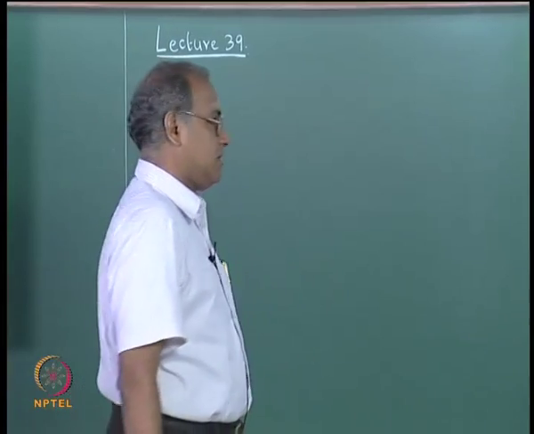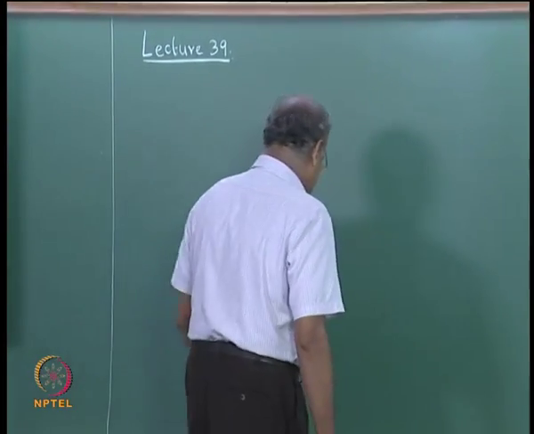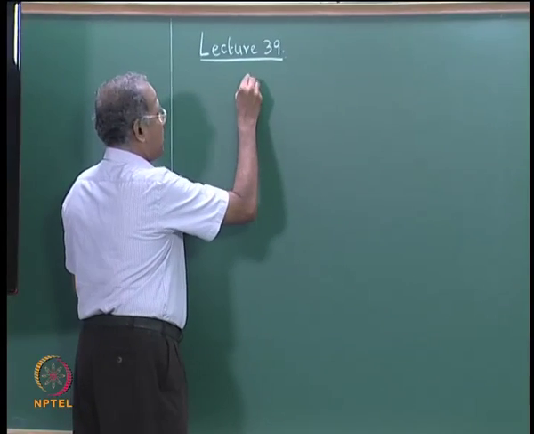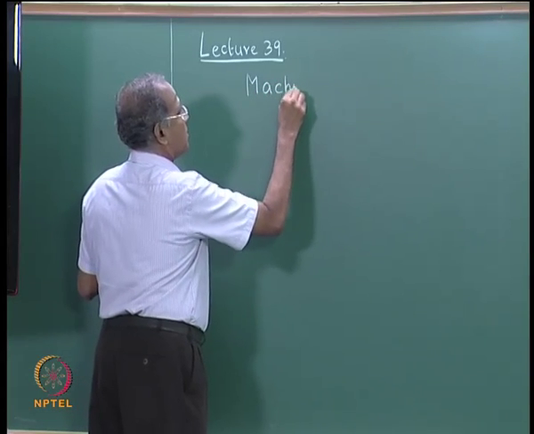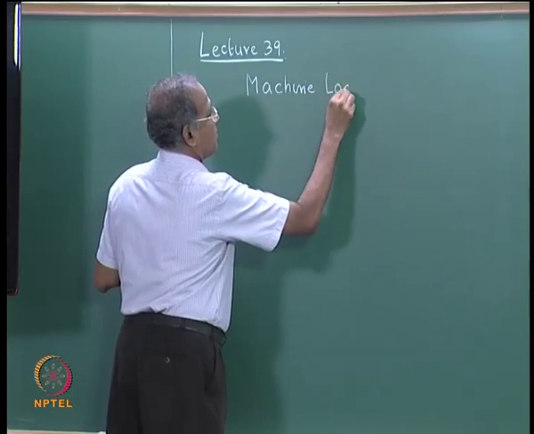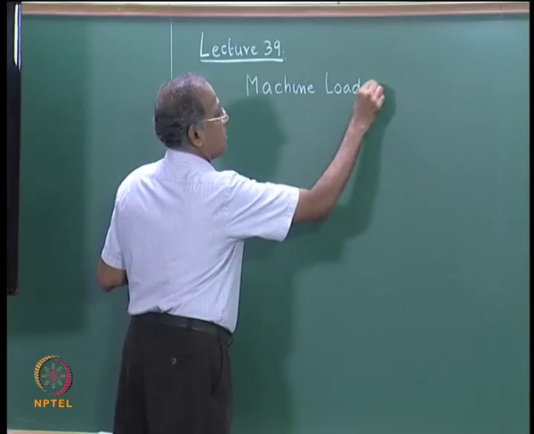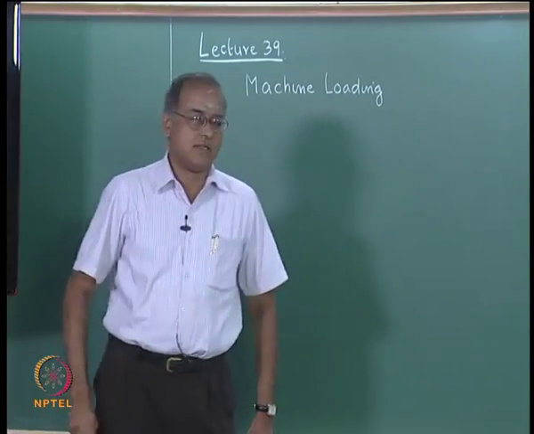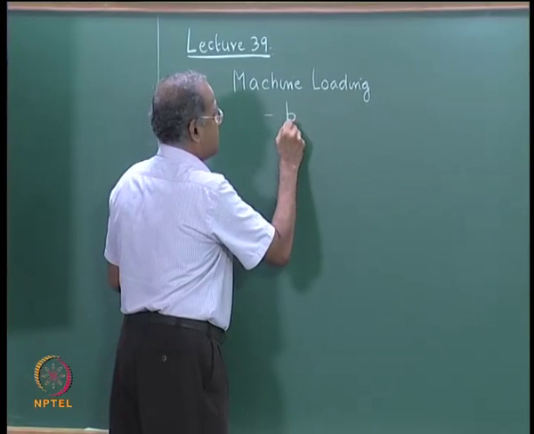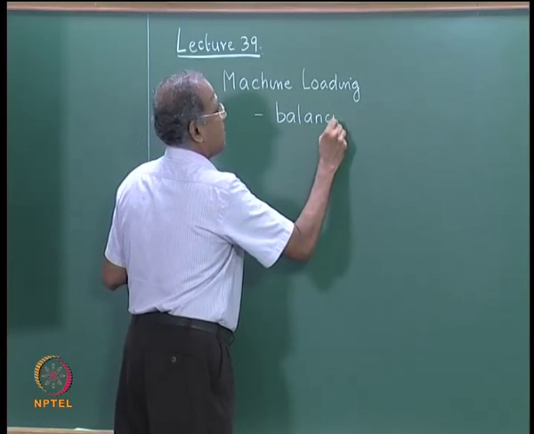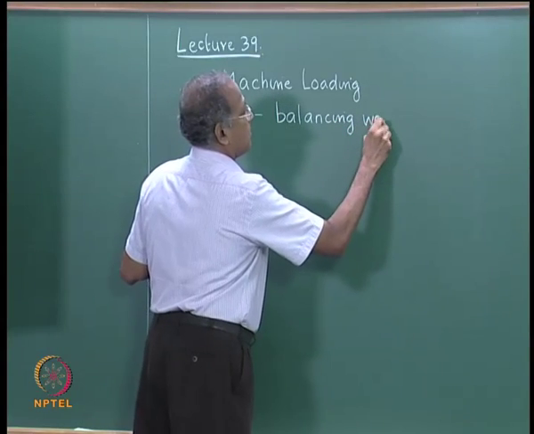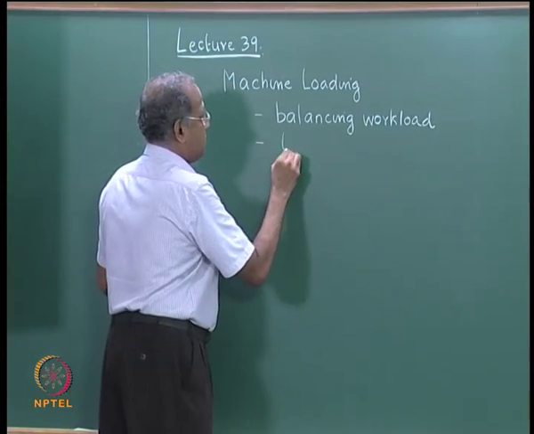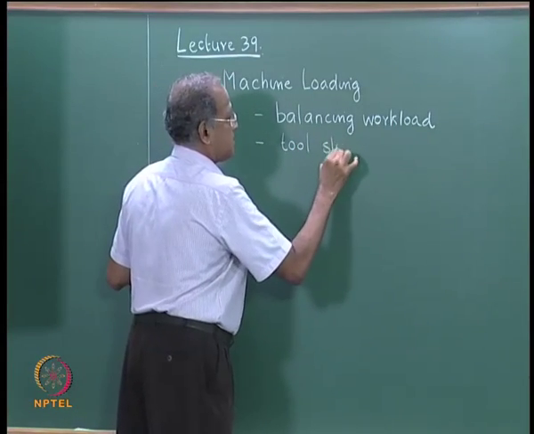Continue the discussion on flexible manufacturing systems. In the previous lecture we have seen machine loading problems, where jobs are assigned to similar machines with the objective of balancing workload, subject to tool slot constraints.